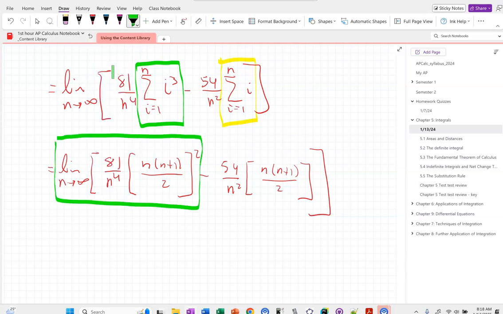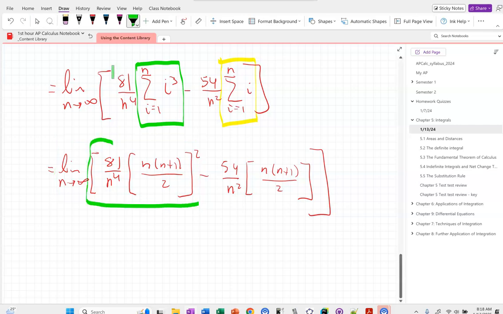So I'm going to look at the limit here first. What kind of function are we trying to take the limit of? That 81 over n to the 4th times n times n plus 1 over 2 quantity squared.